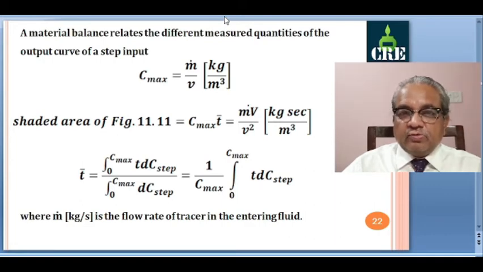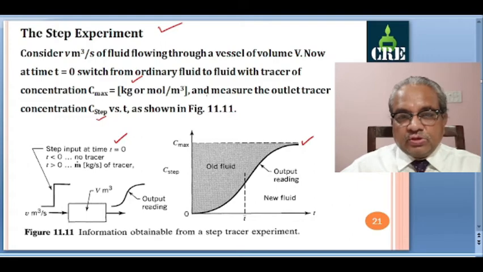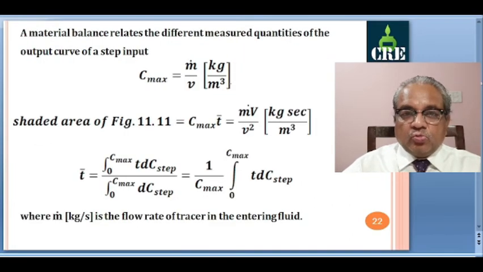So seconds will cancel out, and C max will have the units of kg per meter cube. This can be used in moles per meter cube also. If you use moles per meter cube, the concentration term will be in moles per meter cube.